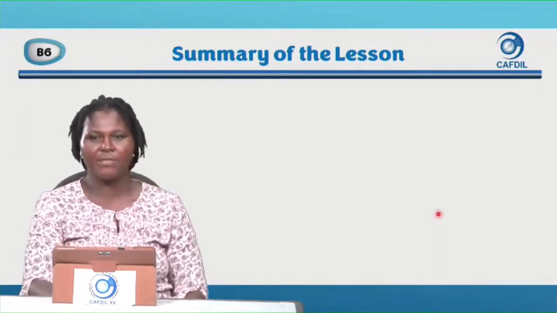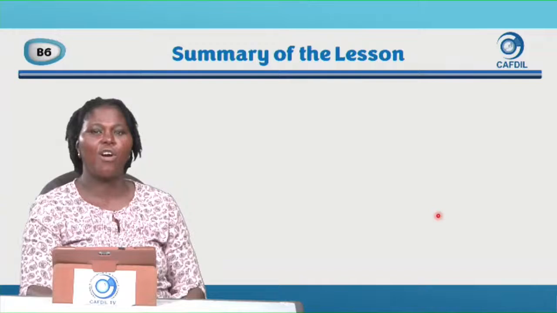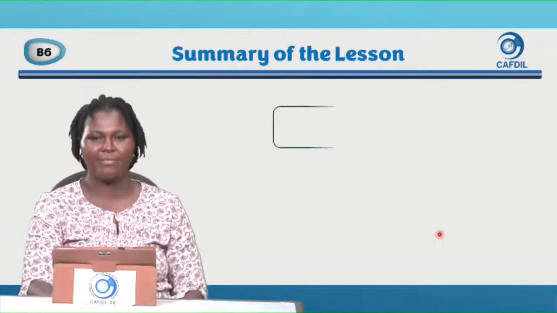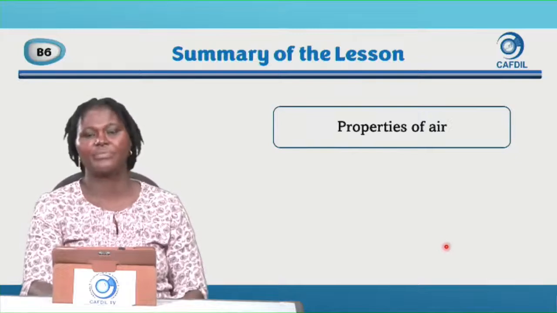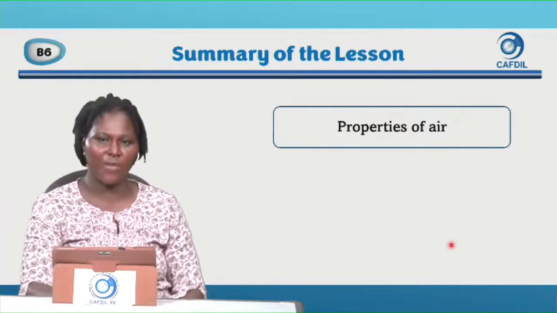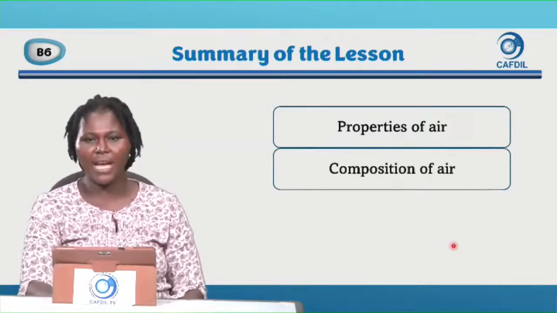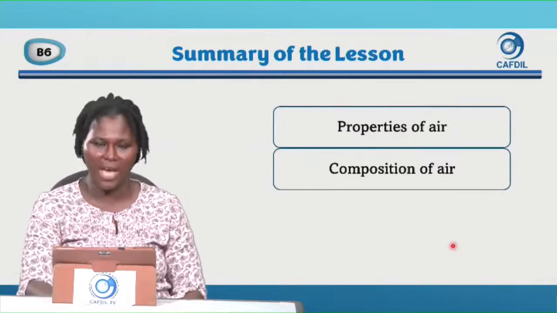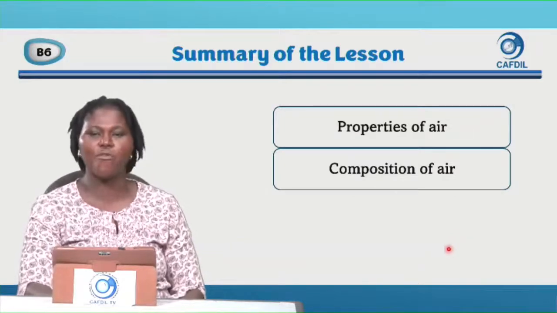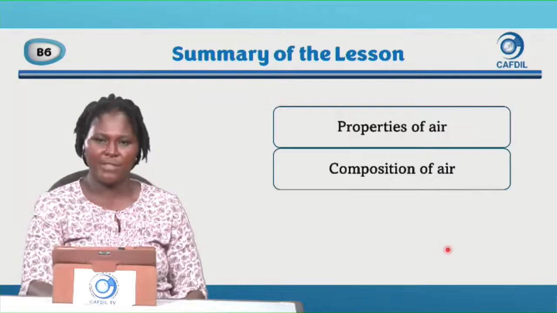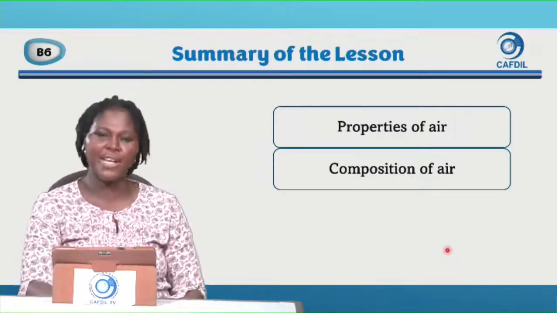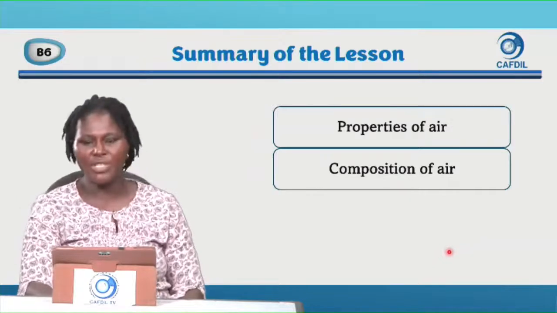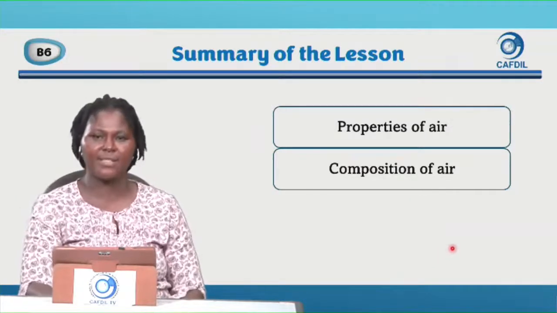Now we have come to the summary of today's lesson. We talked about the properties of air. We talked about the composition of air. What is air made up of? We said we have oxygen, carbon dioxide, nitrogen, and other gases.